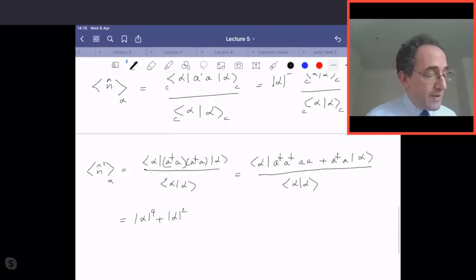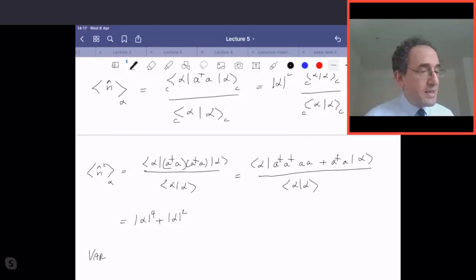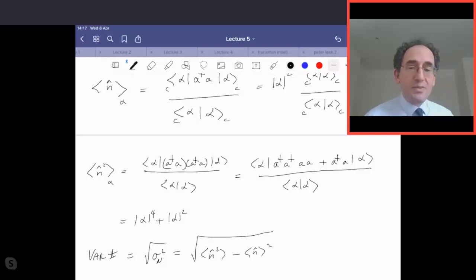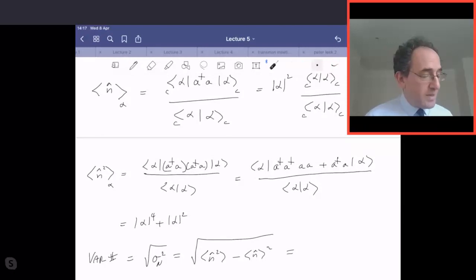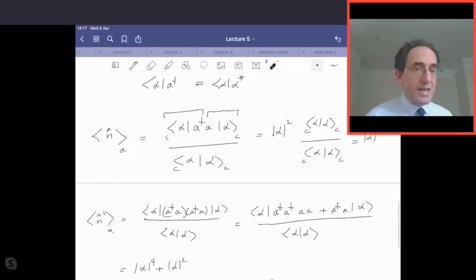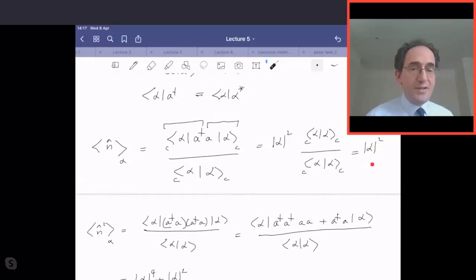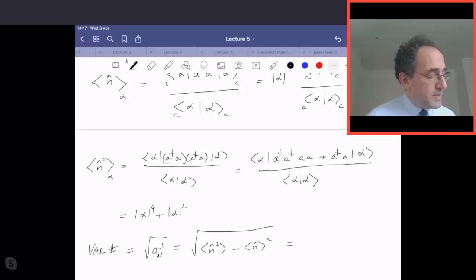Okay, so the variance of the number in a coherent state, sigma n, is the square root of the expectation of n hat squared minus the expectation of n hat, squared, which is just the difference between alpha to the fourth plus alpha squared minus alpha to the fourth.